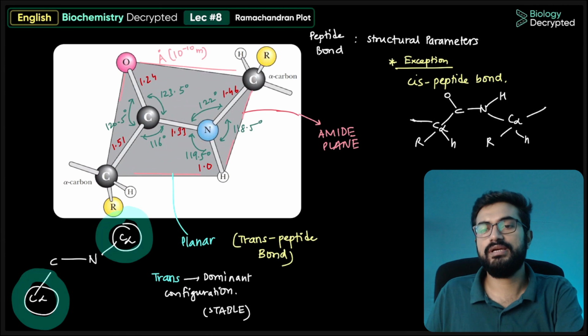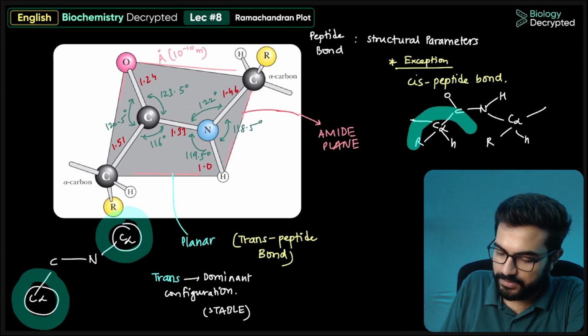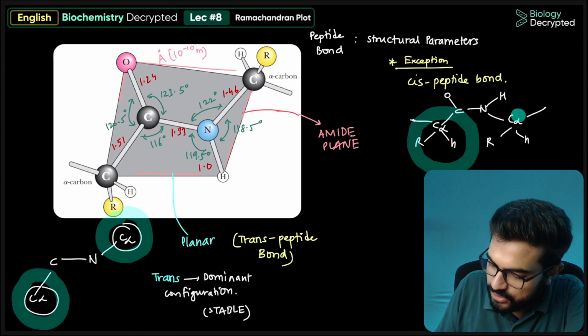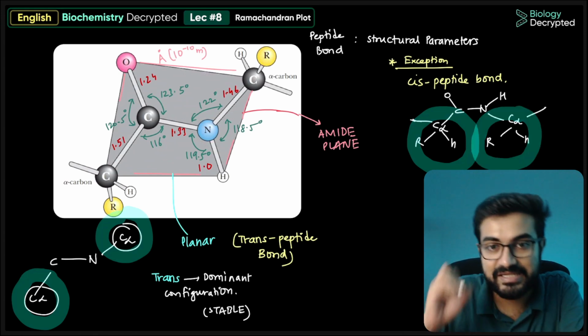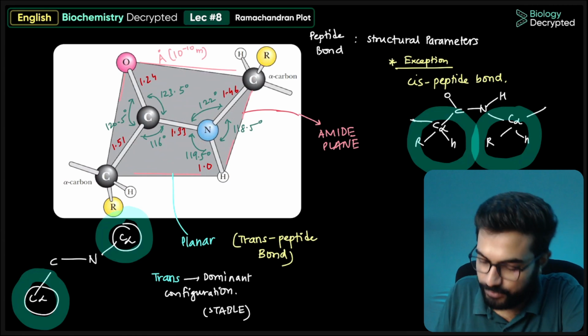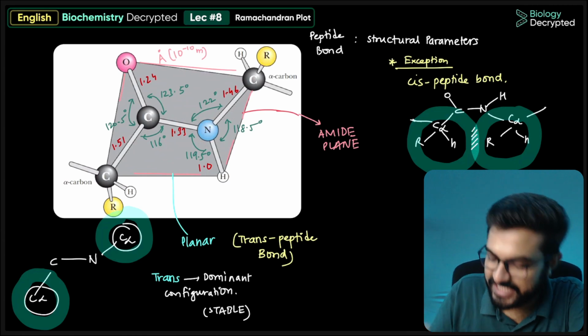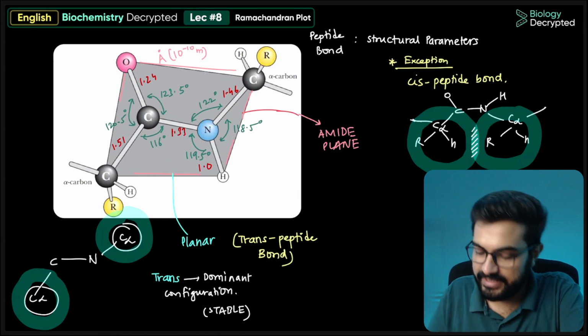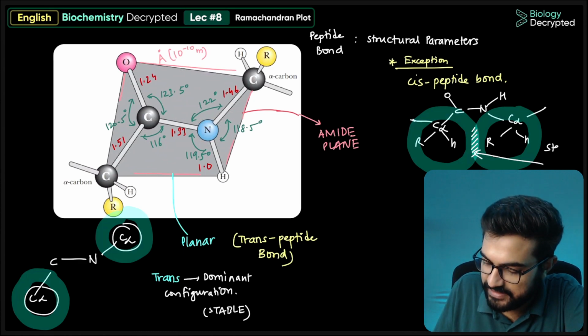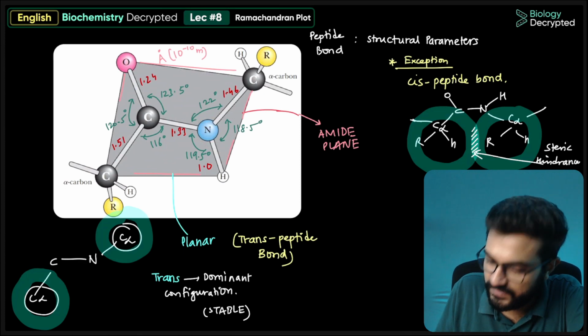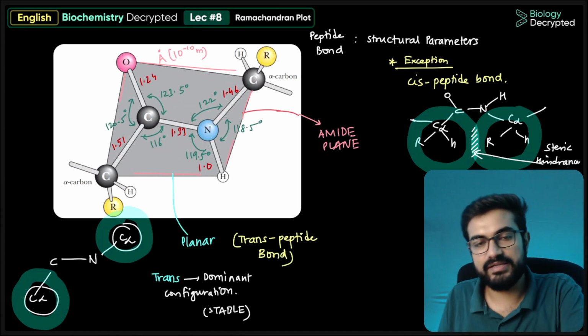But here, this will be a big chunky group, and this will also be a big group, and because of this, in this area the van der Waals radii of both are clashing. It is actually colliding, and this results in steric hindrance.